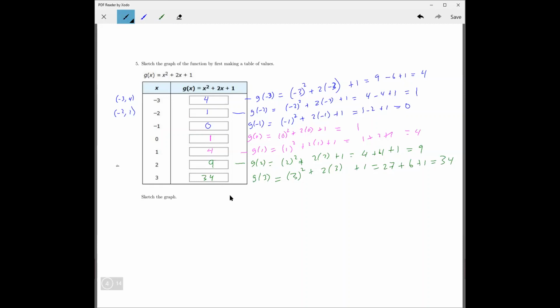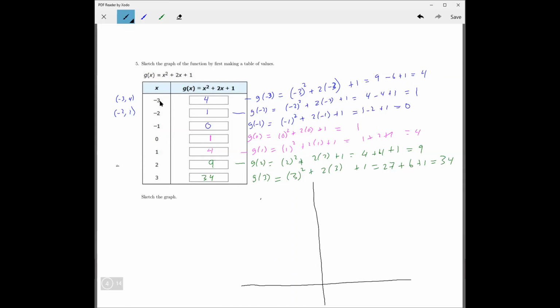Okay, now for the graph, what you can do is plot some of these points. These are all positive, so I'm going to put the x-axis pretty low because I don't need to go negative on the y-axis.